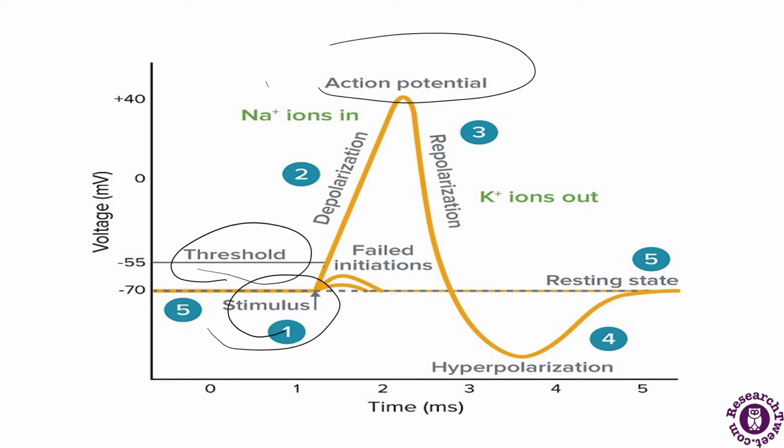An action potential is generated when the stimulus changes the membrane potential to the threshold value. When this value changes, the action potential starts. The threshold potential is usually around -50 to -55 millivolts.